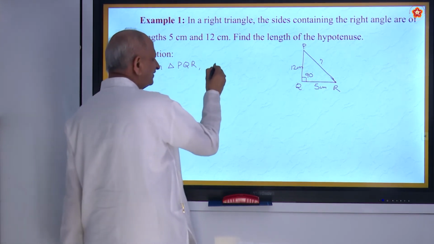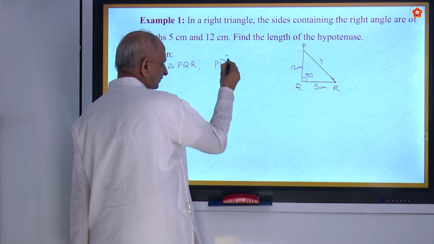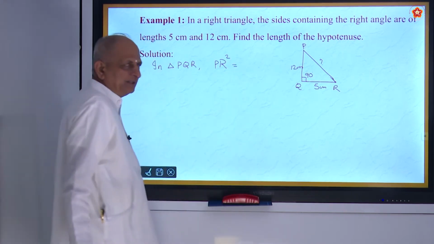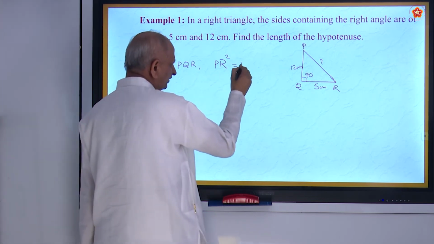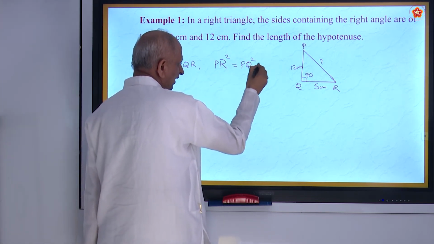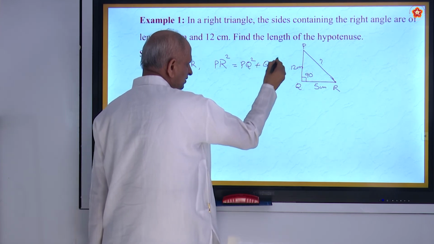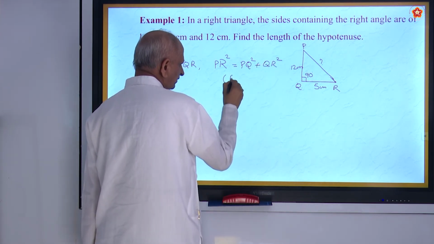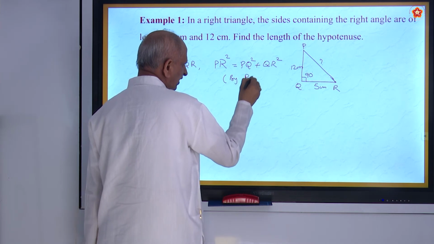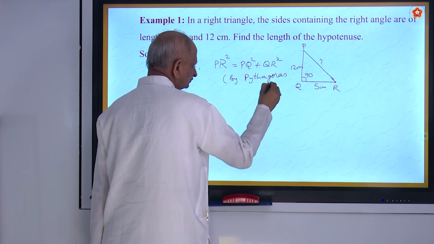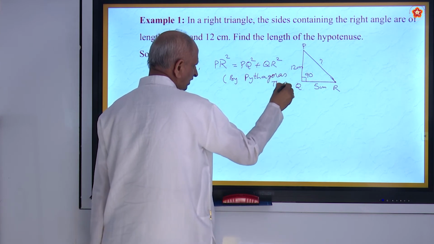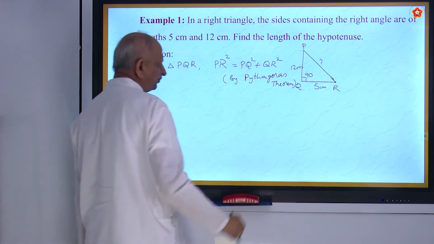Yes, PR square. What are the squares on the other two sides? One is PQ, another is QR. So, this is by Pythagoras theorem, or you can call it Baudhyan theorem also.